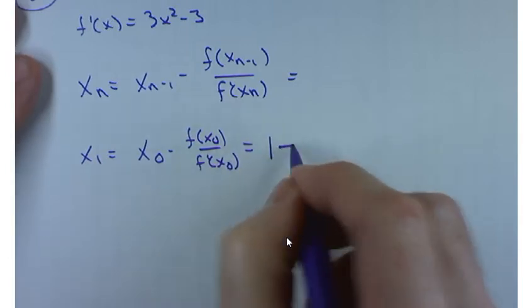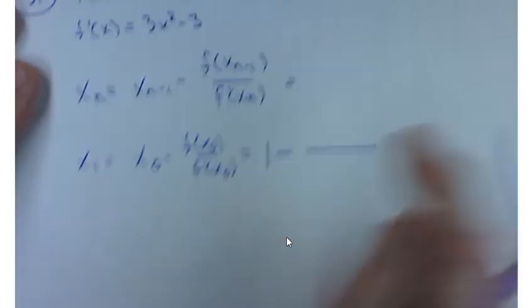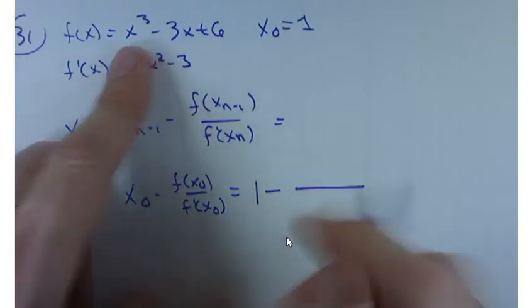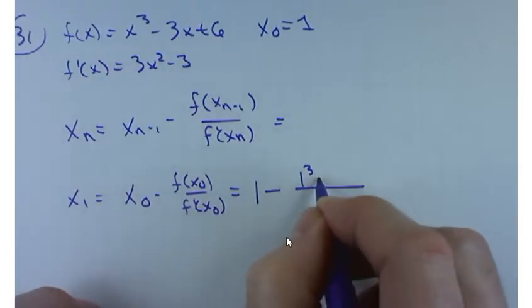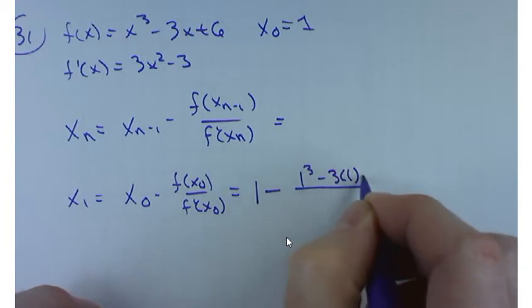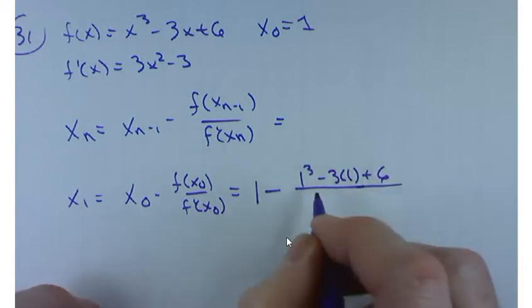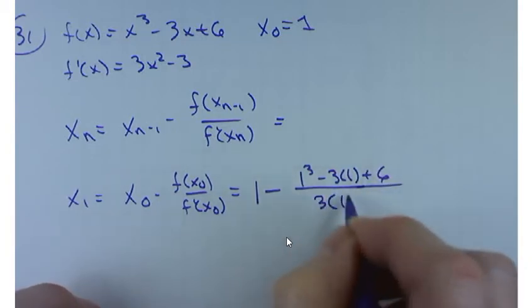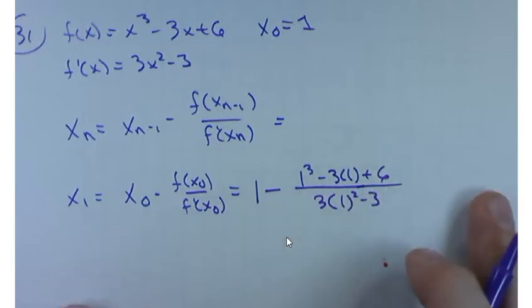For us, it looks like 1 minus, well, it'll be 1 cubed minus 3 times 1 plus 6 over 3 times 1 squared minus 3.